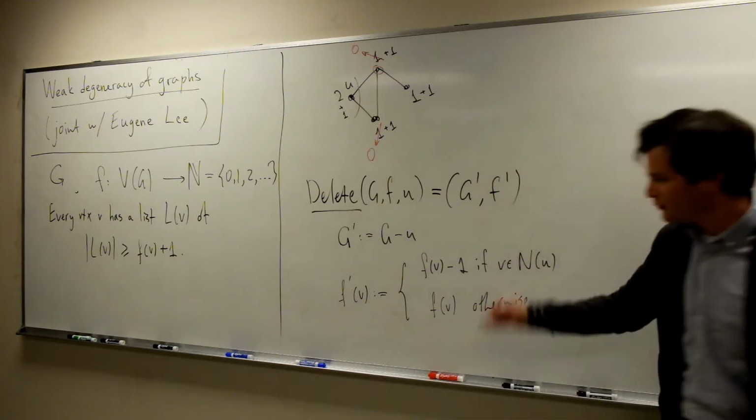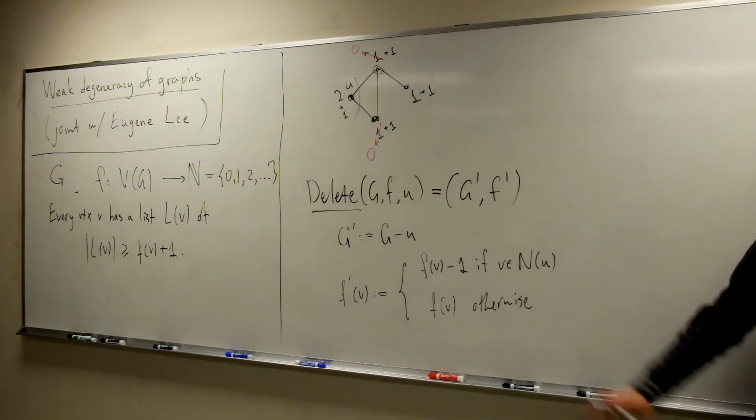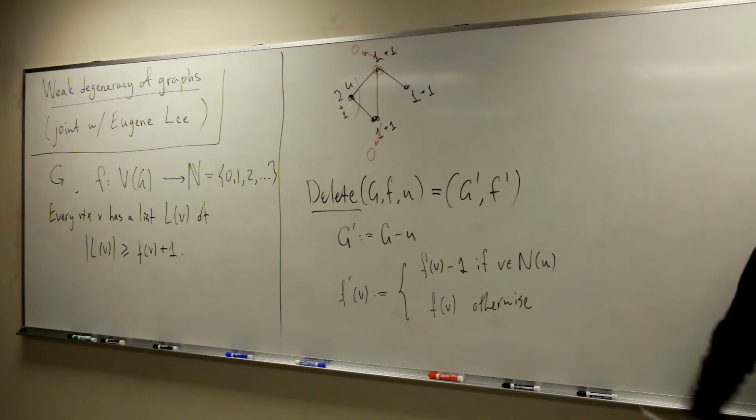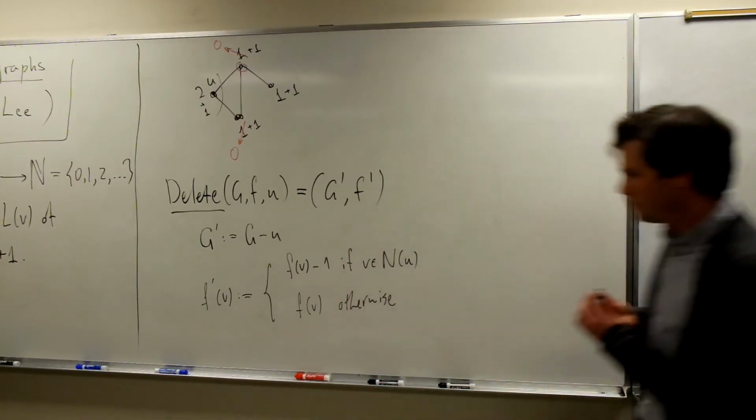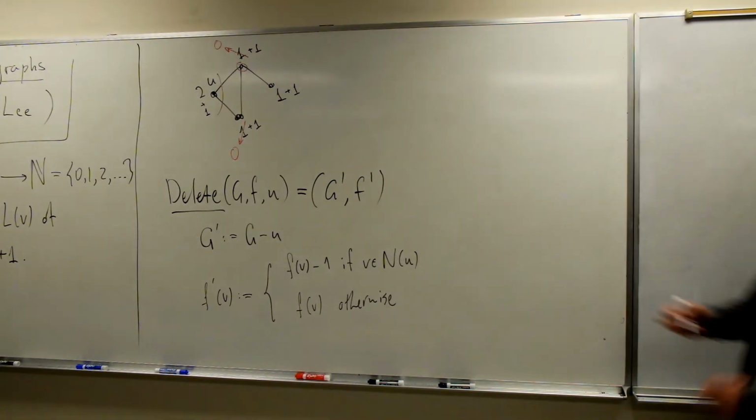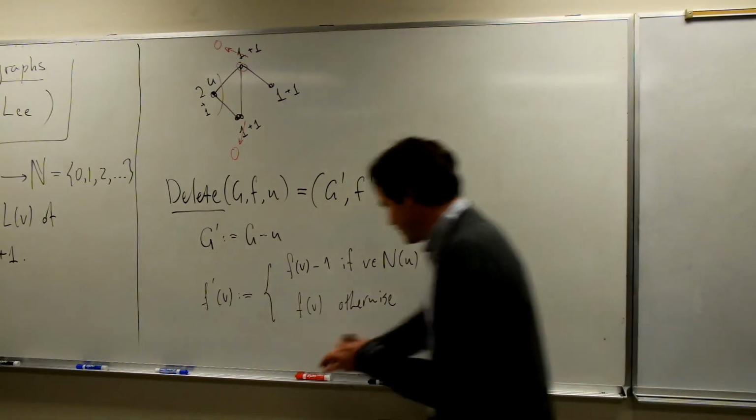The idea being that once we color U with some color, it doesn't affect the vertices that are not neighbors of U, and the neighbors lose 1. Okay, so this is an operation.